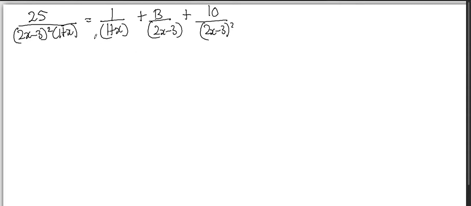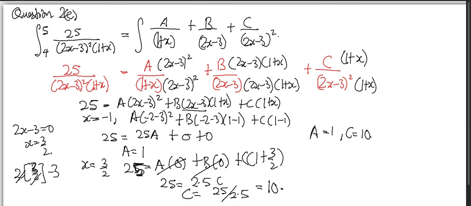What I'm going to do is expand this. 25 equals A(2x minus 3) squared, B(2x minus 3)(1 plus x), and then C(1 plus x).